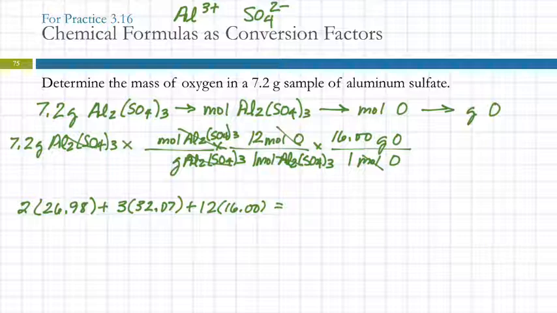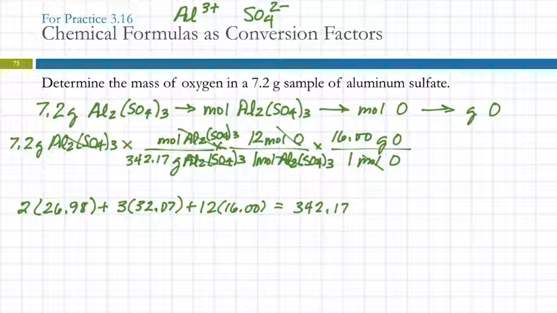Two times 26.98 plus 3 times 32.07 plus 12 times 16 gives 342.17. It's a big molecule. Well, it's a big formula mass, because the formula unit is large. 342.17.